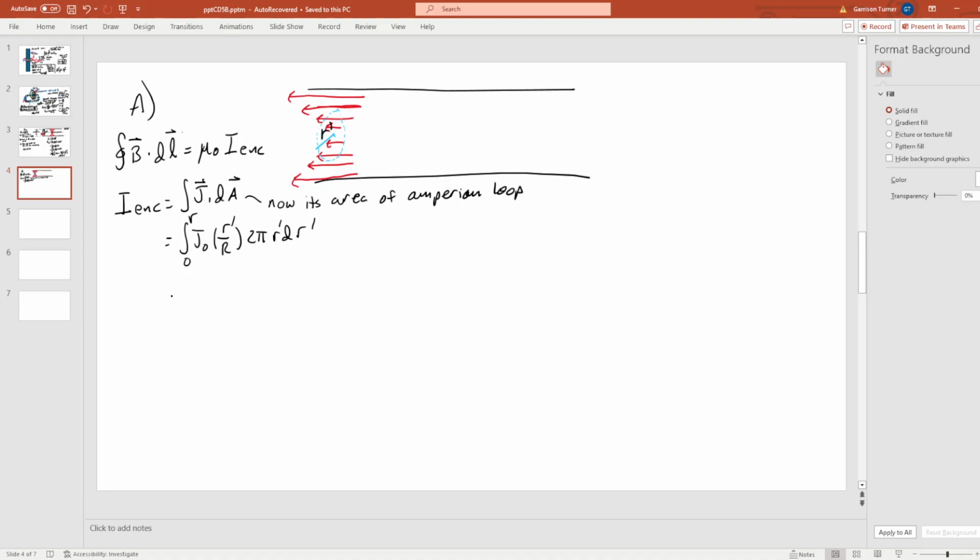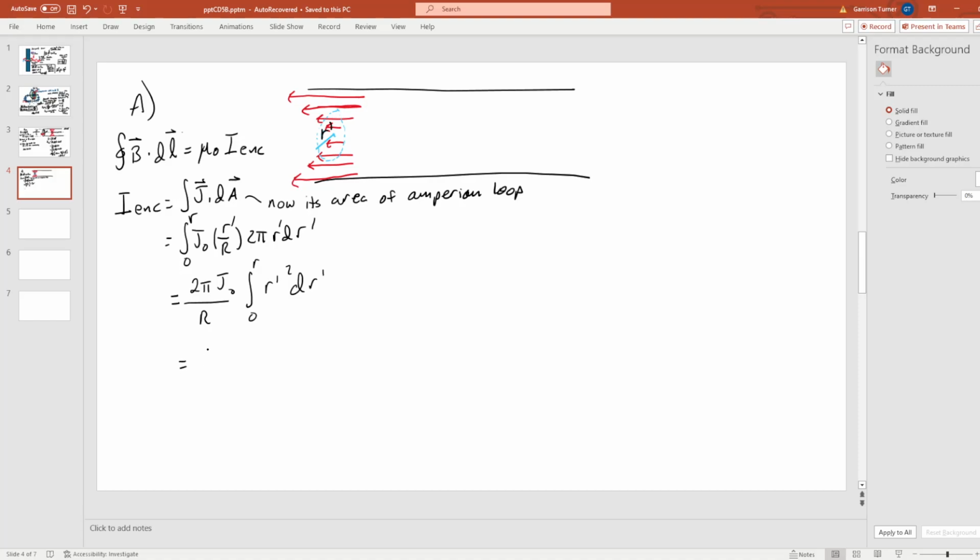And so this is going to be, once again, 2 pi J naught over R, and now we're going to have r prime squared dr prime from 0 to r.